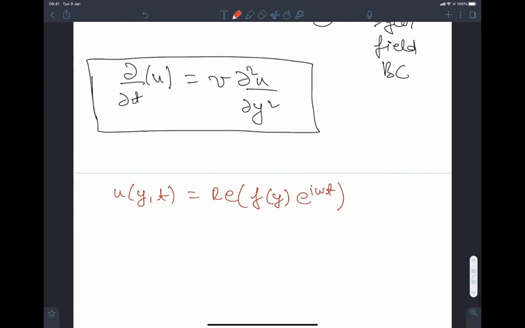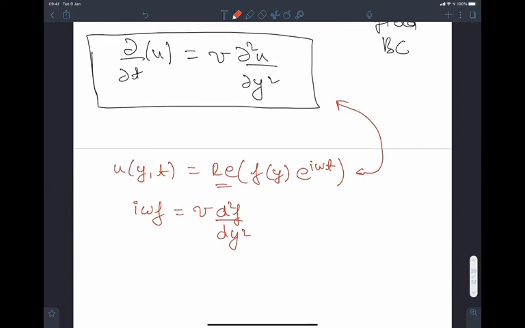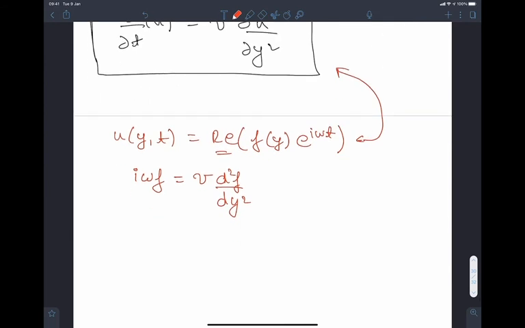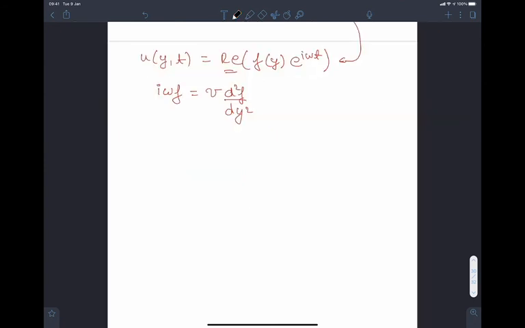So now if I substitute this functional back in the partial differential equation, what I get is iota omega f is equal to nu times d square f by dy square. Of course, I'm going to drop this condition of having the real part of the solution until the final stages of the solution. So now we have an ordinary differential equation, and the solution of this equation will have harmonic oscillations.